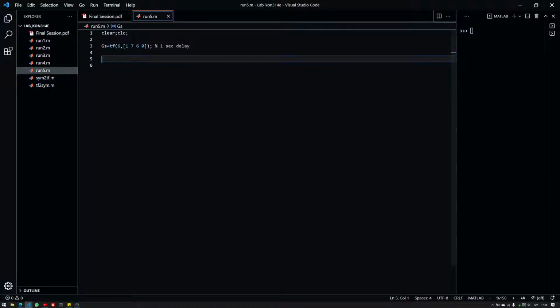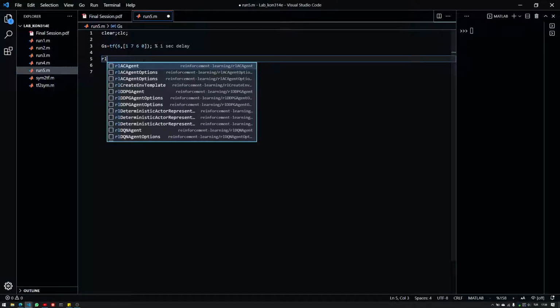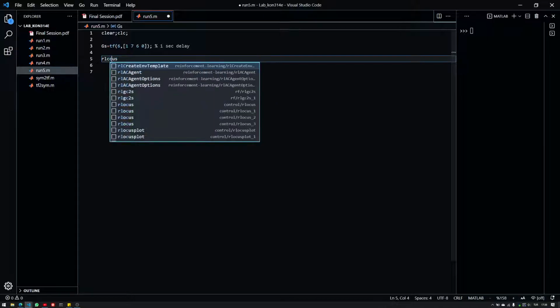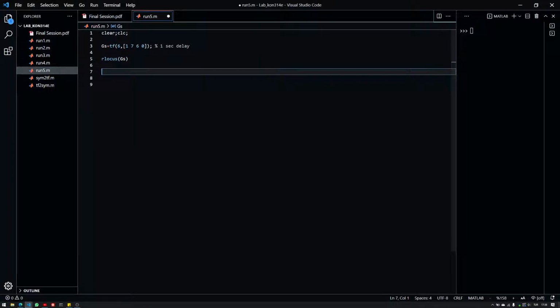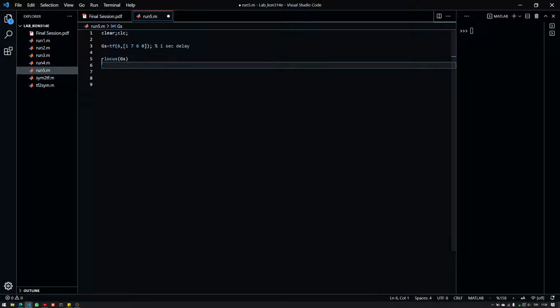Now, of course, we can again use root locus in order to determine the stability here. But we already know what the stability interval is of such a system.